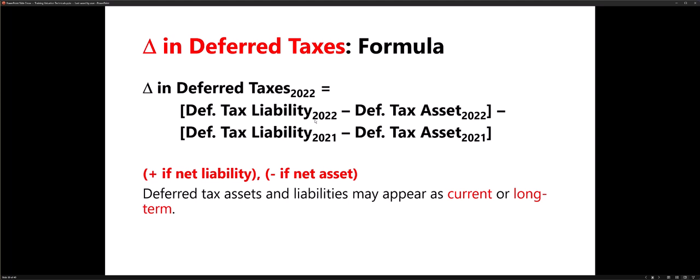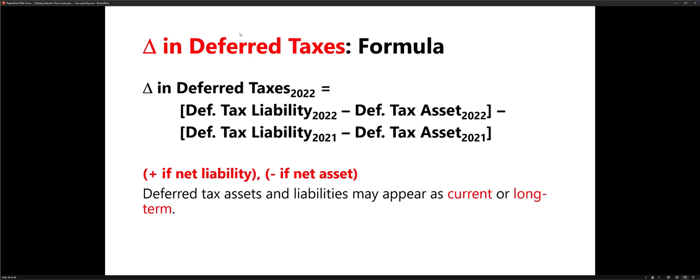So you take the net liability this year minus the last year, and that basically represents how much we saved or didn't pay as cash on the taxes. Remember that what we have on the 10-K is not how much we paid as taxes, the cash paid as taxes to the IRS. And so this captures that difference.